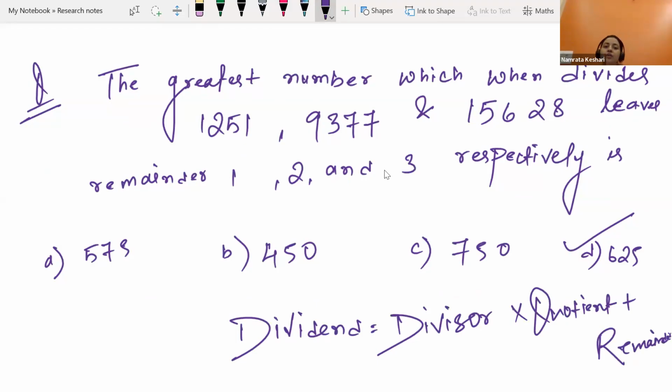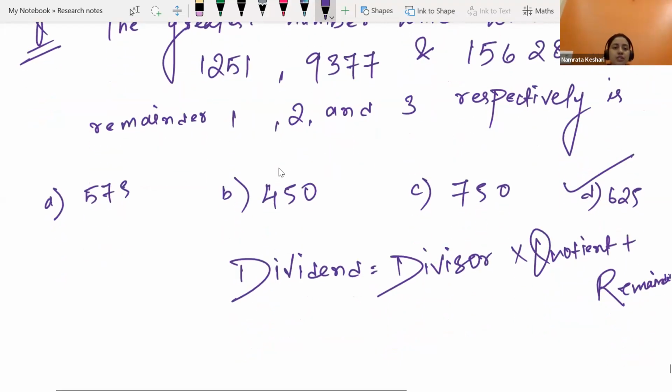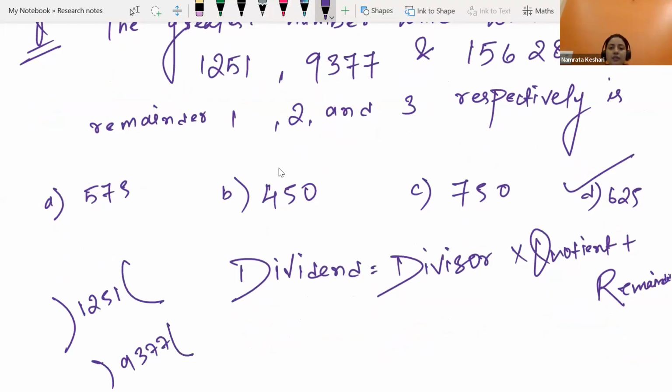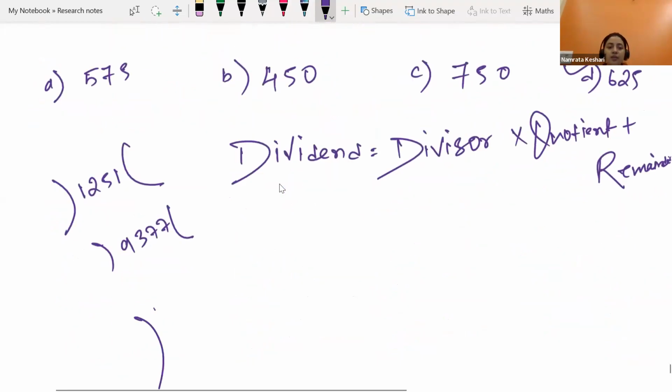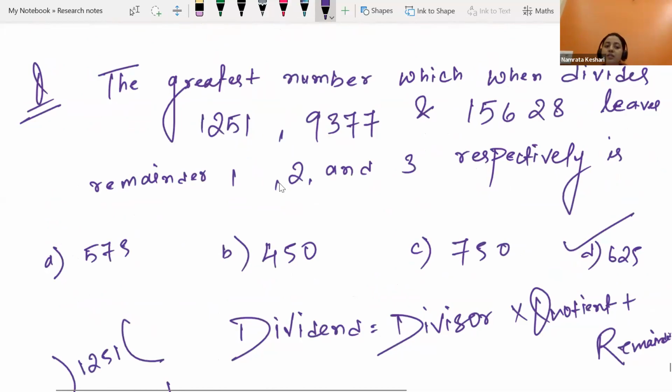Yes, ma'am. Okay, so we are supposed to find the greatest number which divides 1251, 9377, and the last one. These numbers are getting divided by the same number, but we get the remainders 1, 2 and 3 respectively.